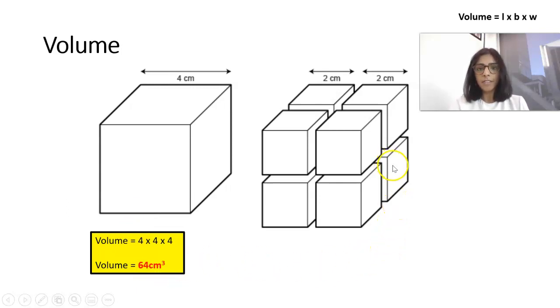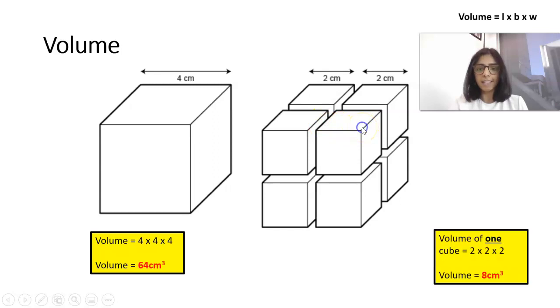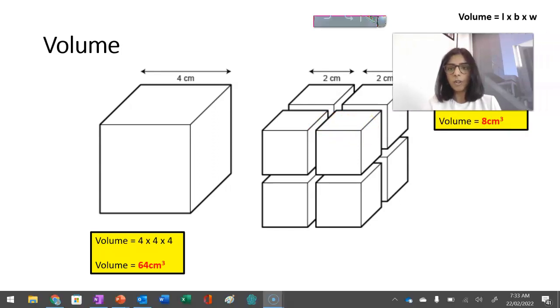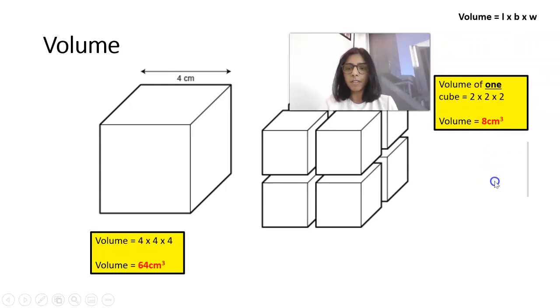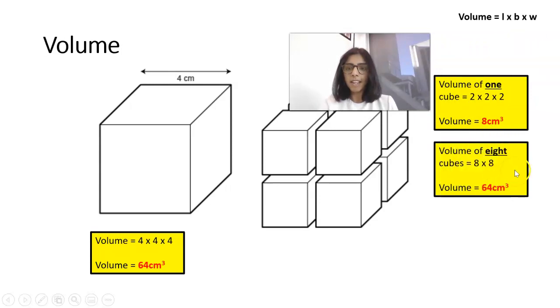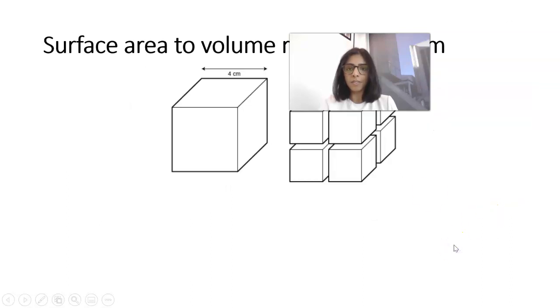To find the total volume of the smaller cubes, it's the volume of 1 cube times 8. The volume of 1 cube is 8 cubic centimeters, and 8 cubes is 8 times 8, which is 64 cubic centimeters.